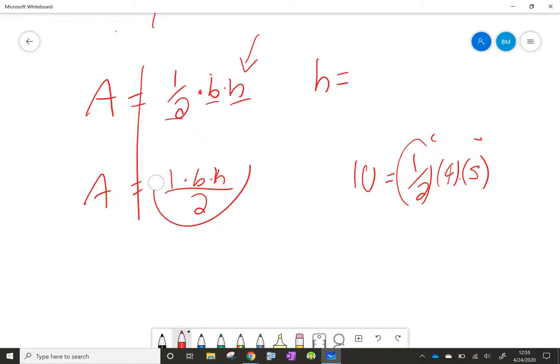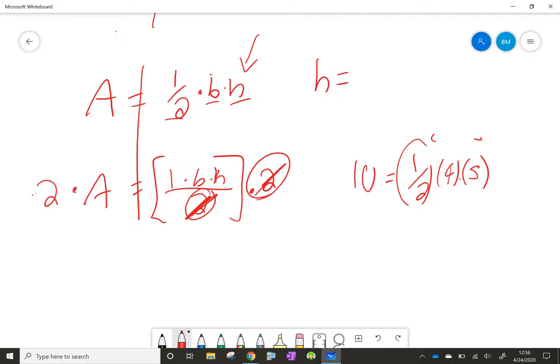Now, the reason I arrange it like that is because I want to show you how I cancel out the 2. The opposite of dividing by a 2 is to multiply by a 2. So if I take this side and I multiply it by a 2, all I'm doing is canceling out 2. So what that will leave me, also don't forget, since I multiplied this side by 2, I have to multiply it over here as well.